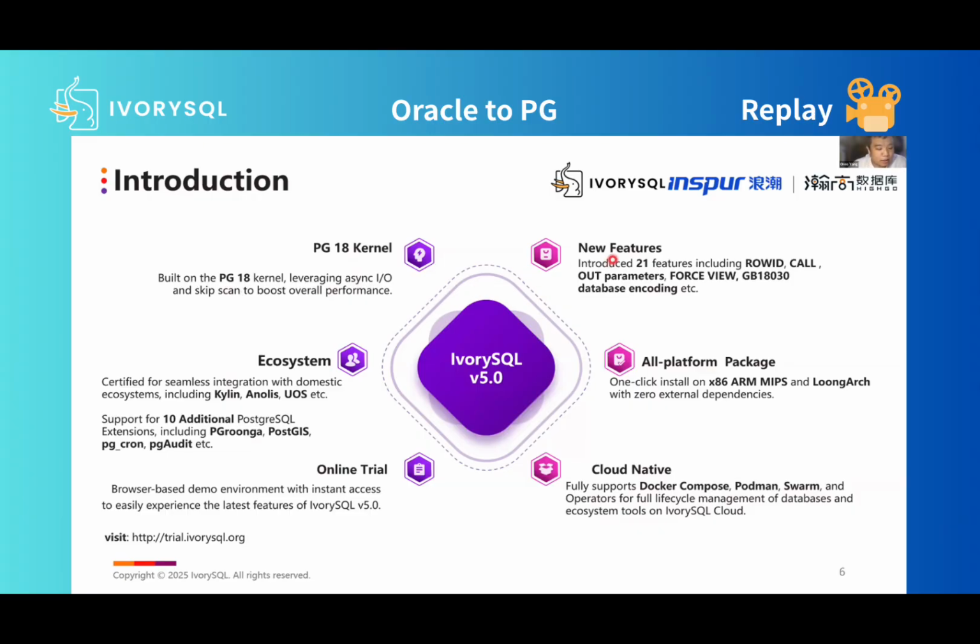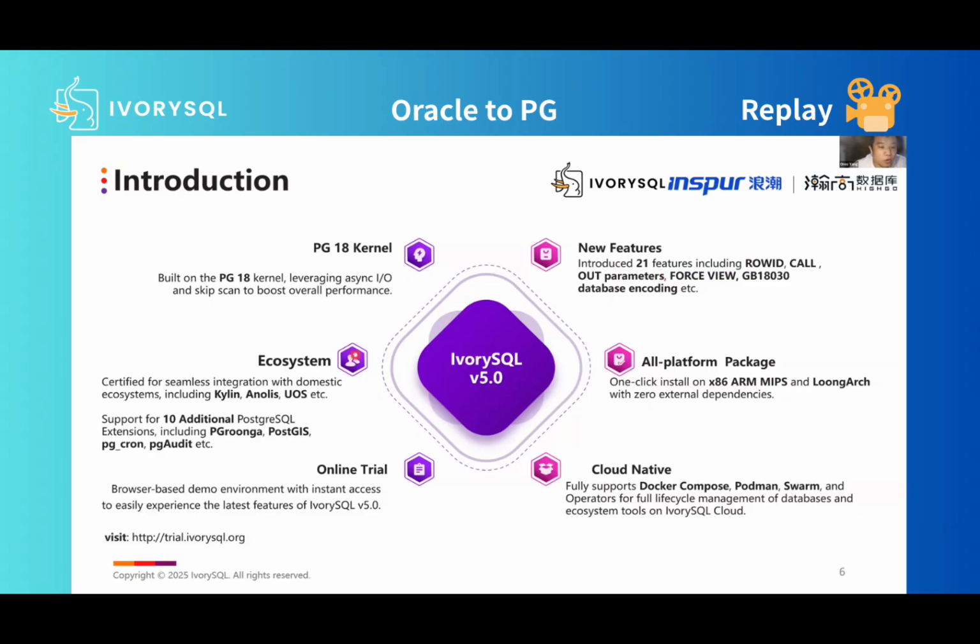The next part is the new features. IvorySQL has introduced significant enhancements focused on improving compatibility with Oracle semantics. In total, 19 of them are Oracle compatible features, and the details are listed in the next slide.